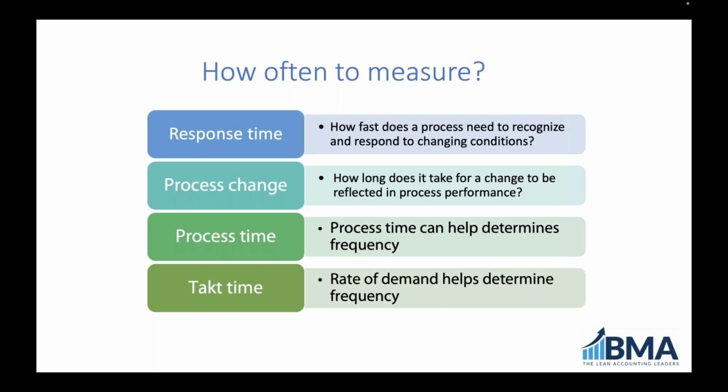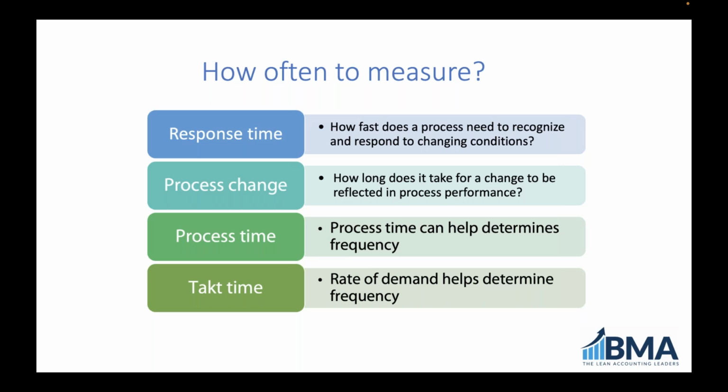Two other factors which influence how often to measure are the actual process time and the rate of demand. For example, with a long process time, you're building a big turbine. You're not going to finish that turbine in one day.